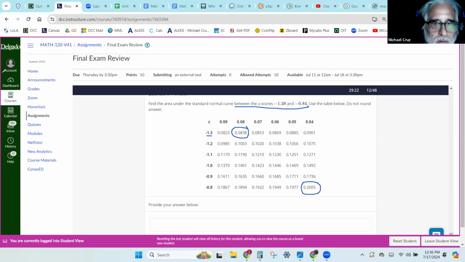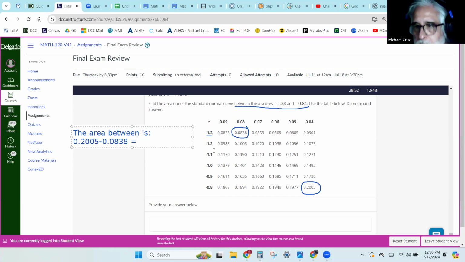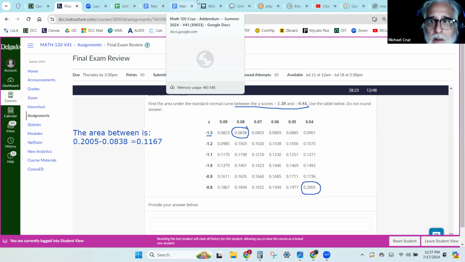All right. So negative 1.38. Now we're just going to subtract. So that's 0.1167 between.